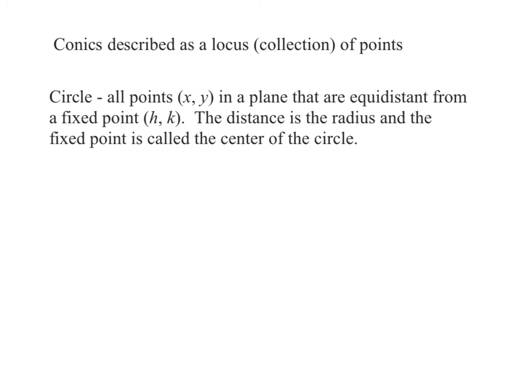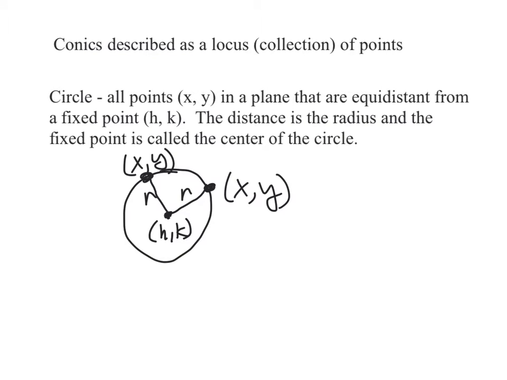We have seen the definition of a circle as a locus of points, and that definition again is all points x, y in a plane that are equidistant from a fixed point h, k. Now we define that distance as the radius, and that fixed point h, k represents the center of the circle.